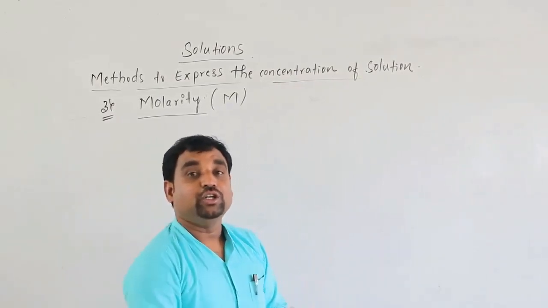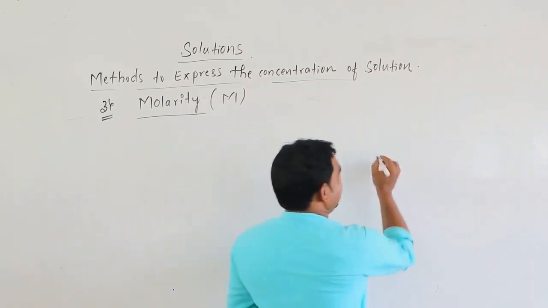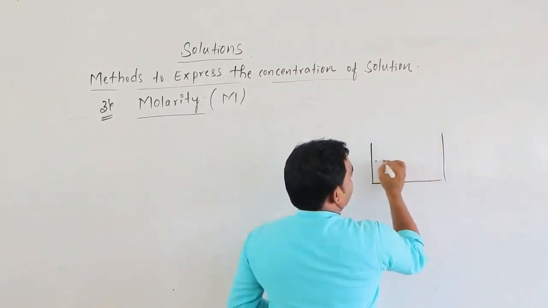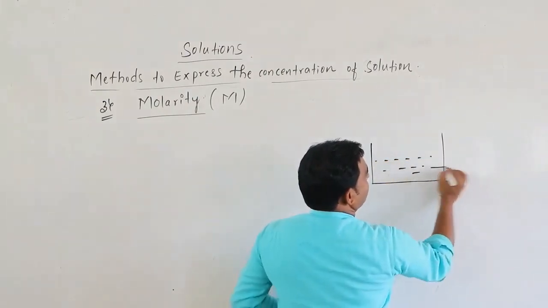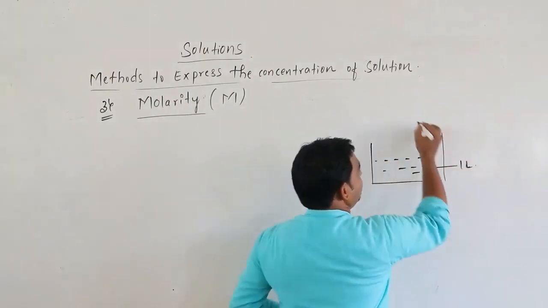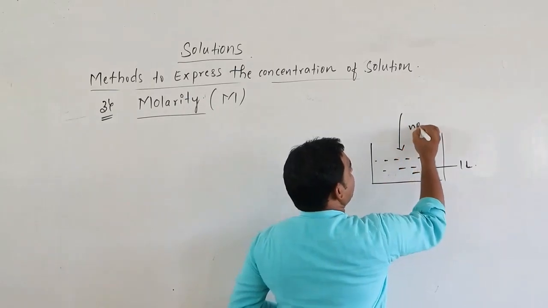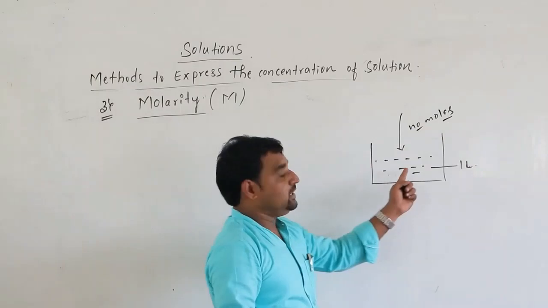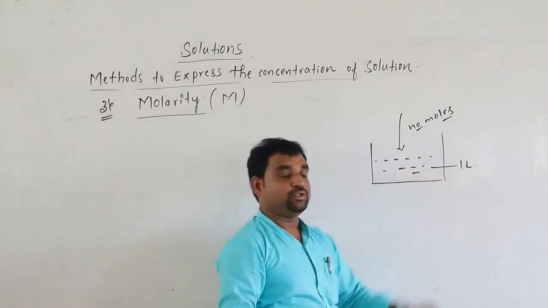Here the solute is taken in number of moles. For example, this is 1 liter of solution, and the number of moles dissolved are present in 1 liter of solution.